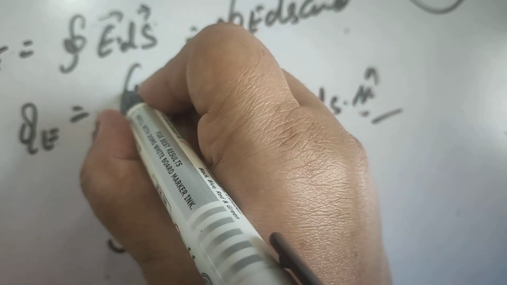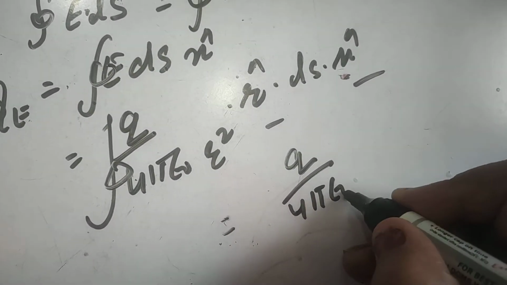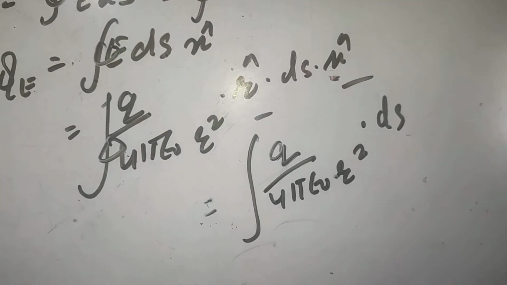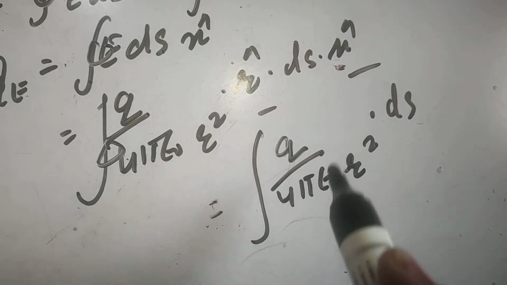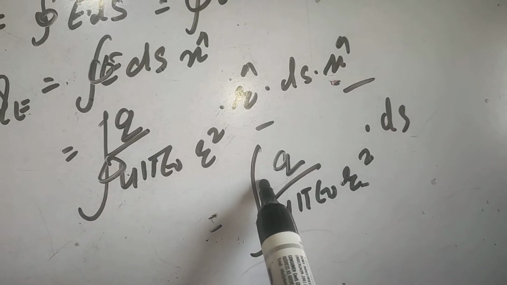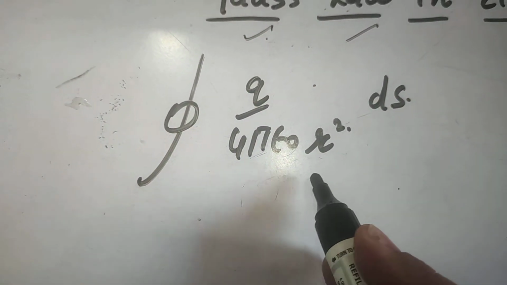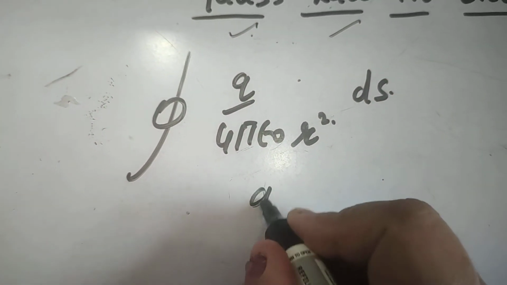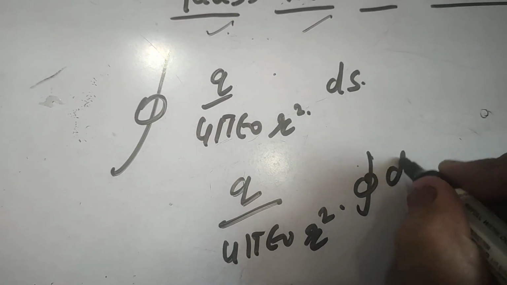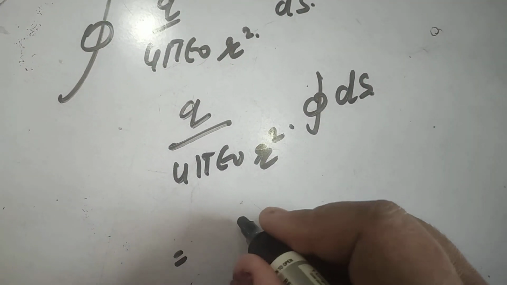So here we put the closed integral. It becomes Q upon 4 pi epsilon naught r square into ds. Taking the constant values Q upon 4 pi epsilon naught r square outside, because we are talking about the surface integral, ds remains inside. Now the surface integral of a spherical surface is given by 4 pi r square.